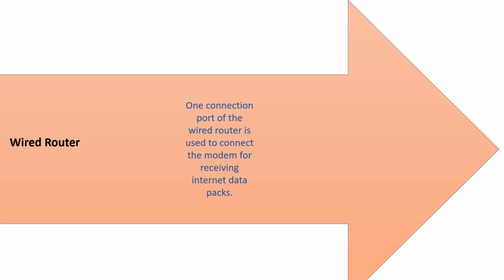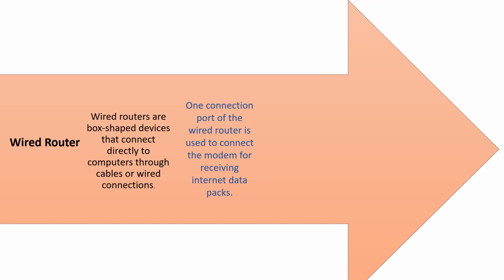First one is the wired router, and wired routers are box-shaped routers that connect directly to the computers through cables or wired connections. One connection port of the wired router is used to connect the modem for receiving the internet data packets that we saw in the diagram of a router.